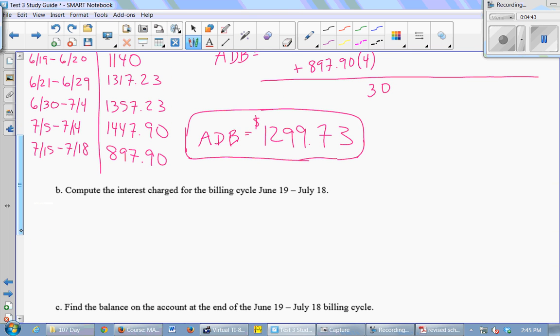All right, now the purpose of calculating average daily balance is because it helps us calculate the interest charge or the finance charge for this billing cycle. So interest or finance charge is equal to periodic interest times average daily balance.